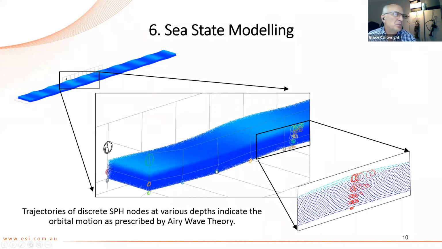That's what these little circular traces are, what we call the trajectory of a node in time. And then even throughout the depth of the water, we can take particular particles and trace their trajectory with time throughout the simulation. At the floor, they're very small orbits. As you get up to the surface, the orbits get larger. And what's really fascinating is you even get a little bit of this downstream drift as the waves progress.